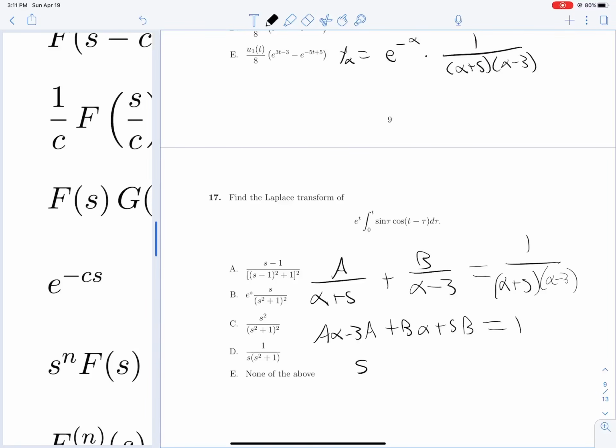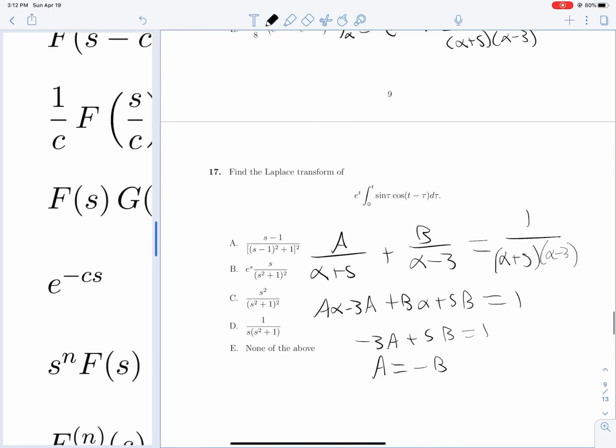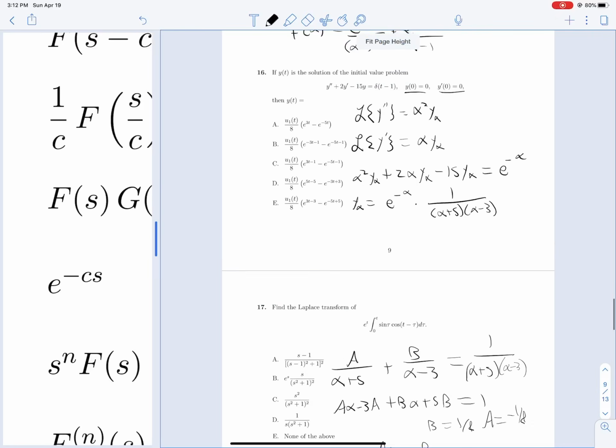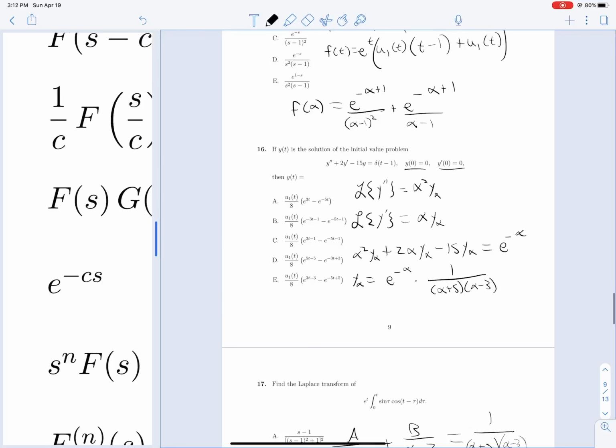Therefore, negative 3a plus 5b is equal to 1, and a is equal to negative b. We're replacing this a with a negative b, so we'll get 3b plus 5b, so 8b, b is 1 over 8, and a is negative 1 over 8.